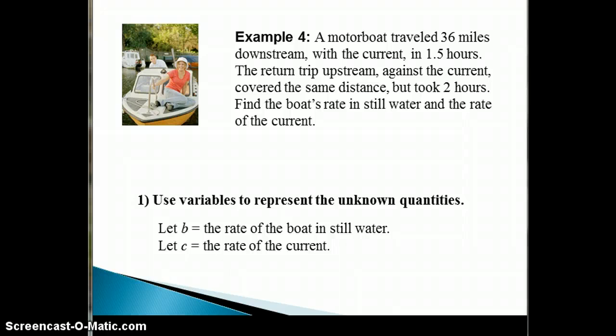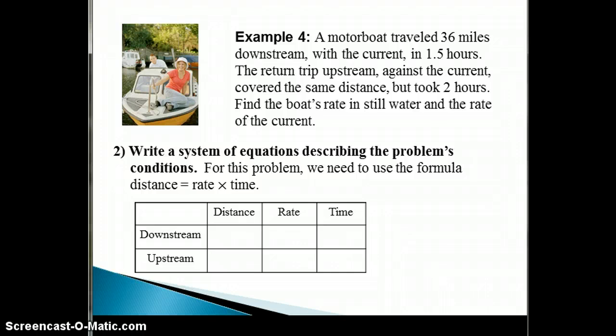We will also use a table to organize the information in this problem. For motion problems such as this one, you will need to use the formula distance equals rate times time. So we will need to determine the distance, rate, and the time for each of these trips, the trip downstream and the trip upstream.